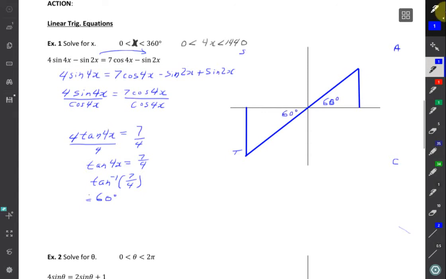What we want to do now is solve for all of the different angles. I will draw the arrows for one of them. It will get messy if I try to draw all of the arrows for 4 rotations, so I'm just going to do 1 rotation, and we can go from there. We basically already have one answer, which is the 60. So 4x is equal to 60.